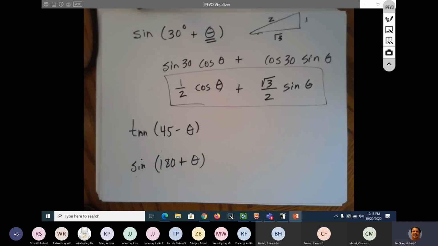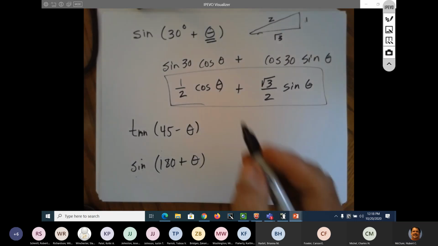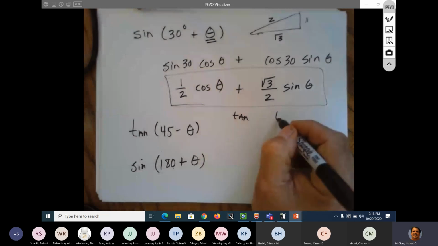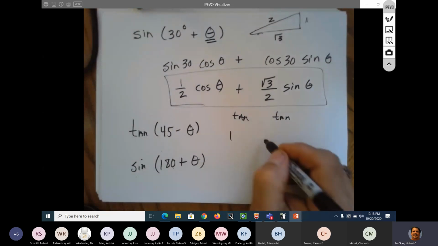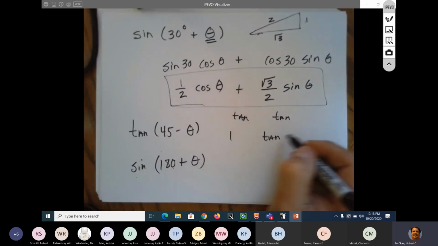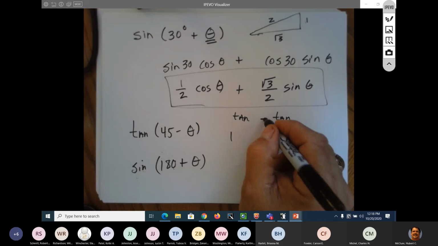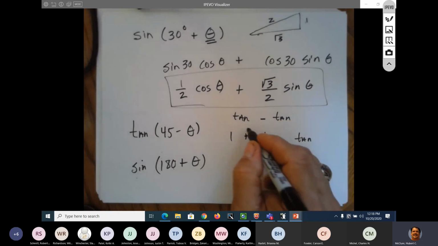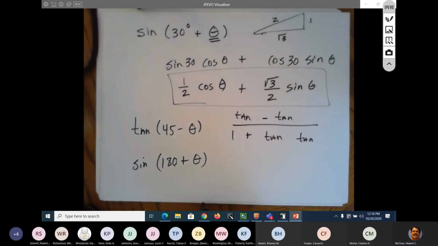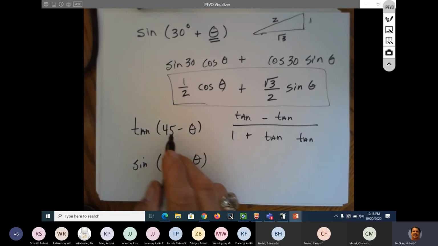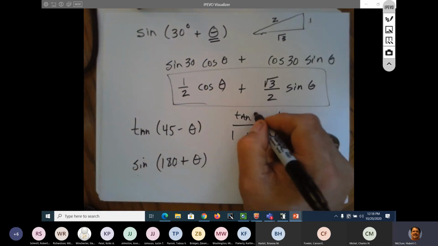So tan, 1, tan, tan, 1, tan. And that's going to be a minus and a plus, it's opposite signs. And the tangent of 45, that's going to be here.